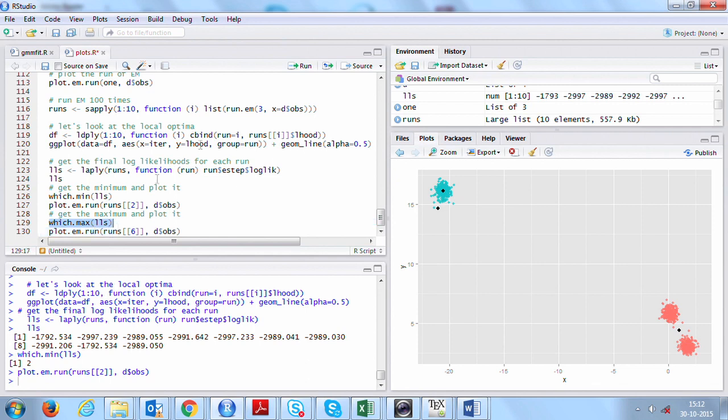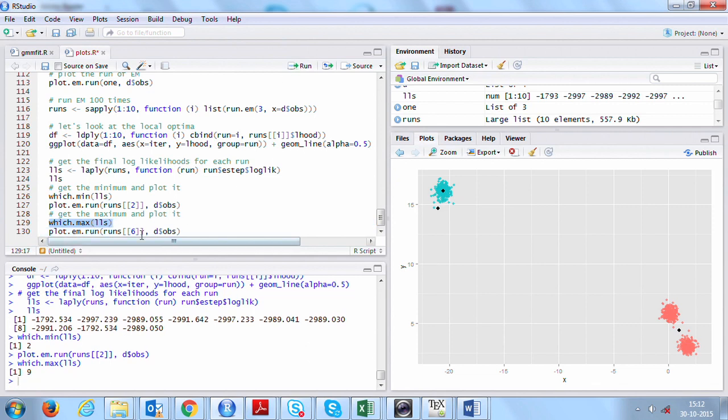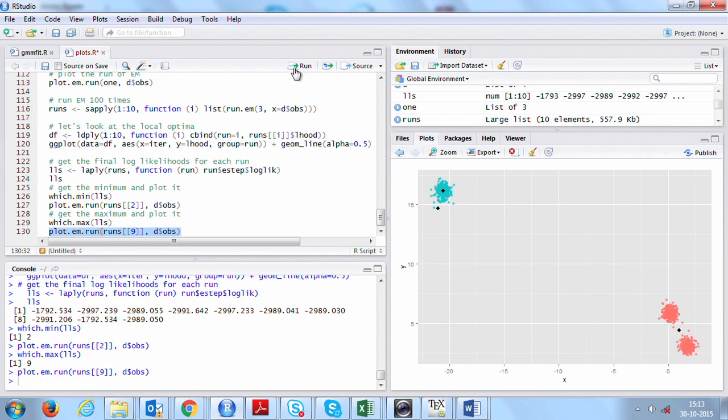If we take the maximum likelihood among those 10 runs, it is the 9th one, the fit is much better now. You see, the likelihood in the 9th run was the highest among these 10 runs, and the fit was also much better, right.